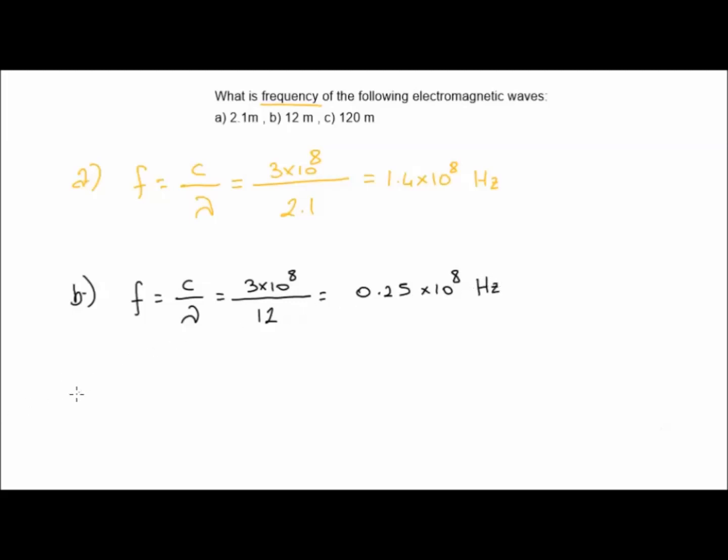For the C, F equal c over lambda, 3 times 10 to the power of 8 over lambda is equal 120, and it will be 0.25 times 10 to the power of 7 hertz.